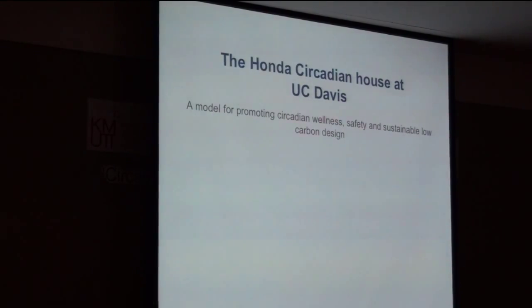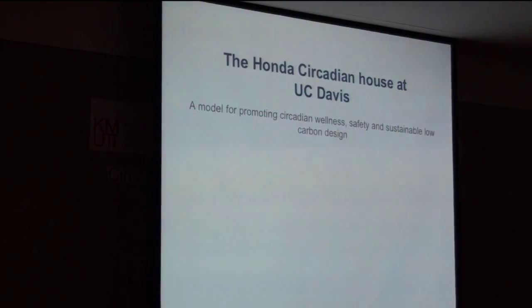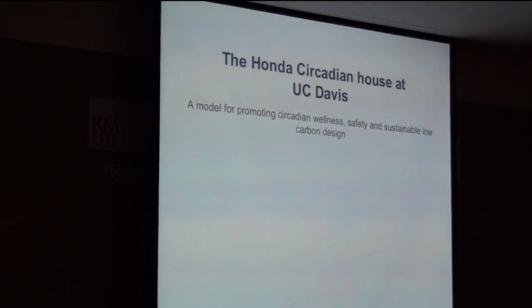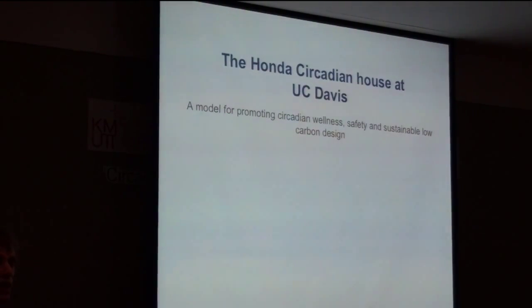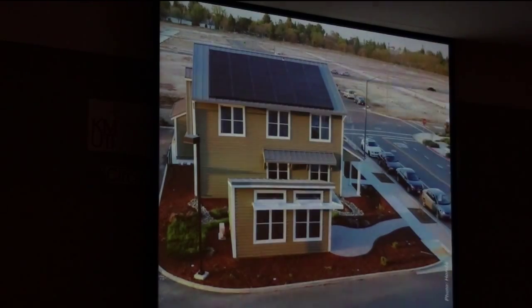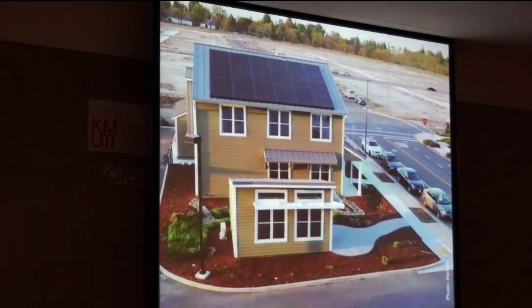We started experimenting with the circadian design initially in the Circadian house at UC Davis, and this was a zero-net energy house, and it was the first circadian house in California, and this was something I was responsible for the lighting design. This was basically an energy house.